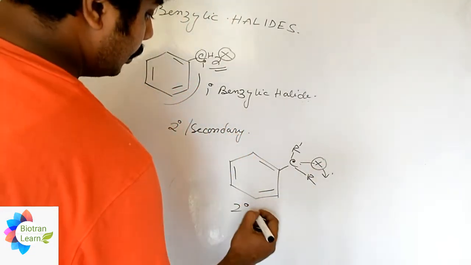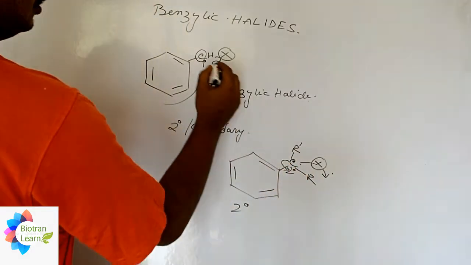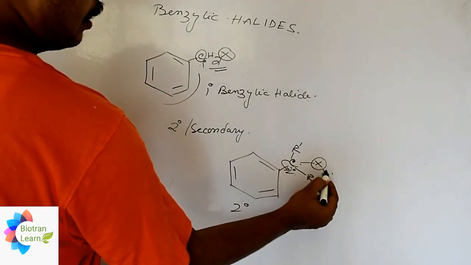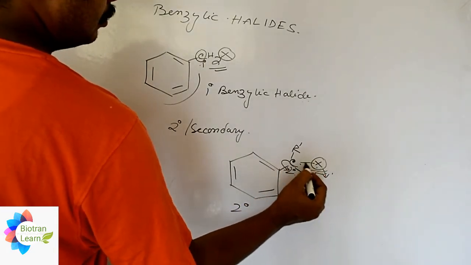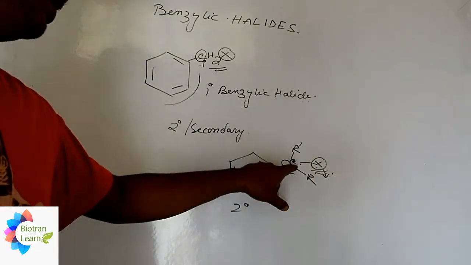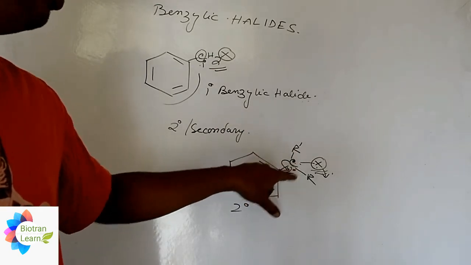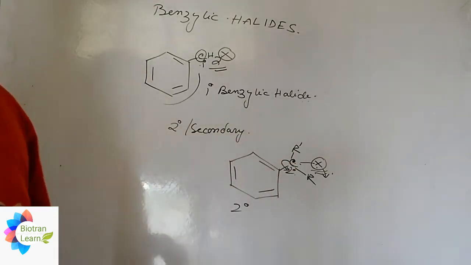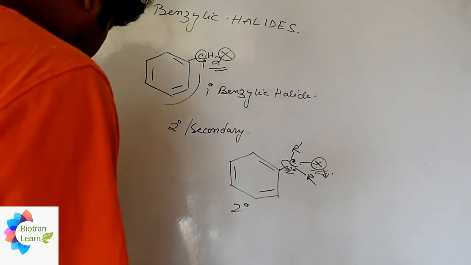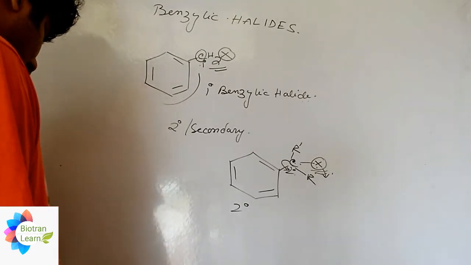So this one will be 2 degree, as this carbon is 2 degree, this was 1 degree, and this is 2 degree carbon. As I have told you earlier, when the halogen is directly combined with the 2 degree carbon, it will be known as a secondary or 2 degree halide. Okay, so we will be moving for the next classification of vinylic halides and aryl halides.